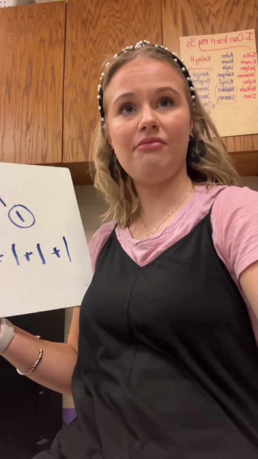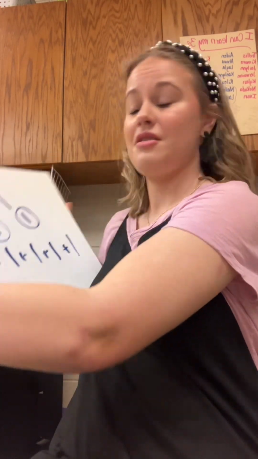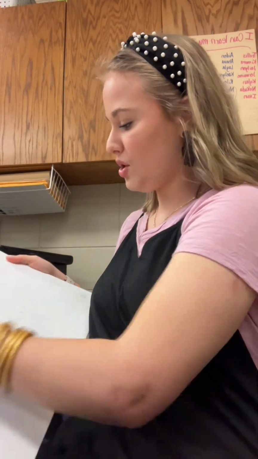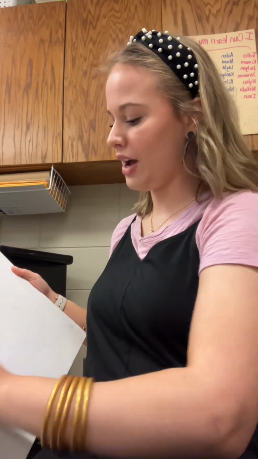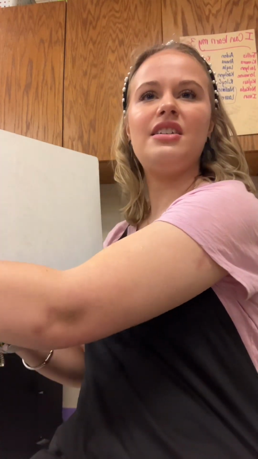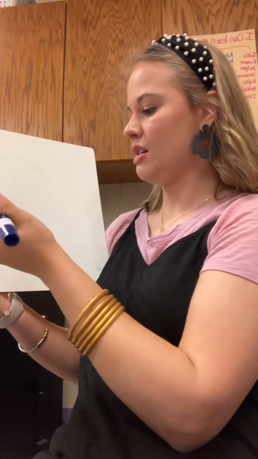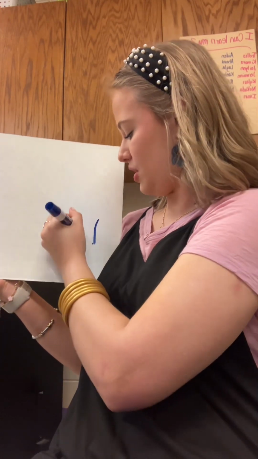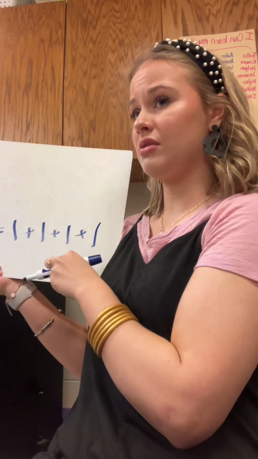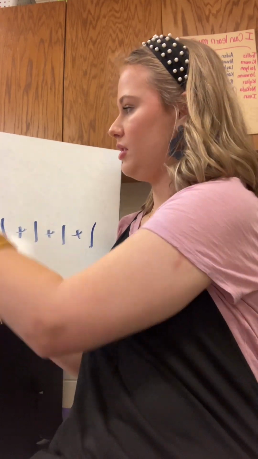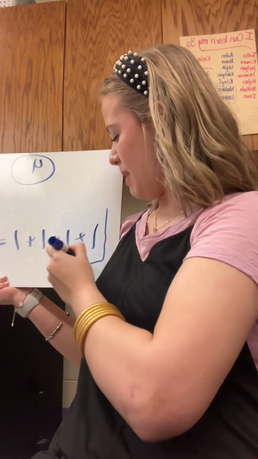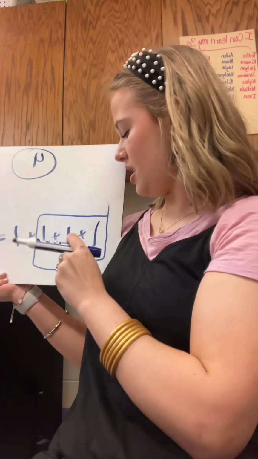We can split it apart into 2. But I want to show you the 2 different ways you can do this, and you don't have to do both ways. I just want you to choose a way that's going to be easiest for you to remember. So we're still doing our 1 plus 1 plus 1 plus 1 equals 4. So we're going to put our 4 up here. And we can actually combine 3 of these ones.